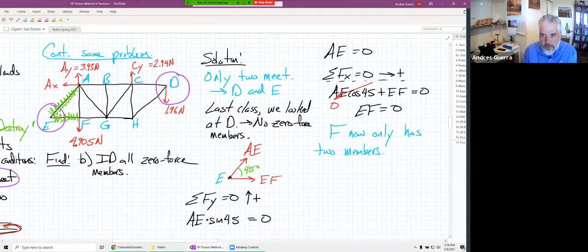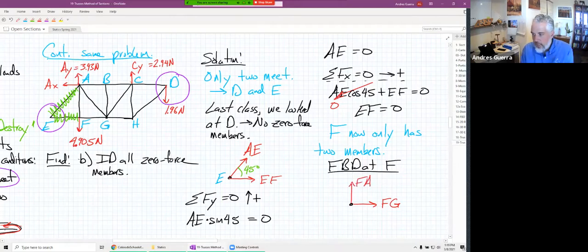We're going to do an FBD at F. And if we look at F now, we have an unknown force, F to G. We have an unknown force, F to A. And I'm drawing everything in tension. We also have this 4.905 newtons.